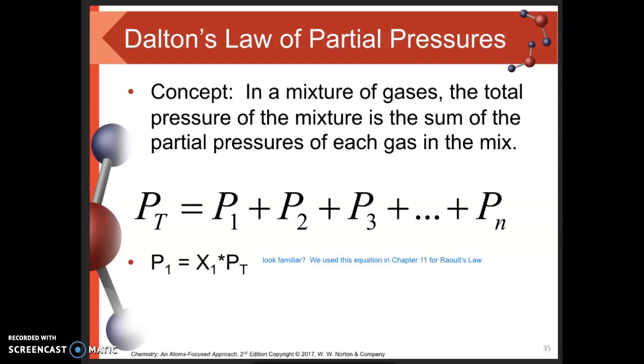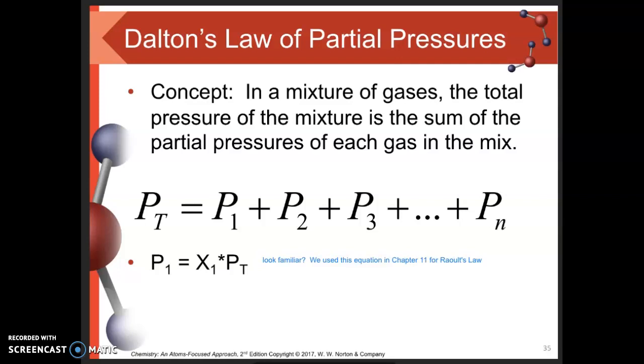And what Dalton's Law says is that when we have a mixture of gases, the total pressure of the mixture of gases can be broken down into individual components, that is, individual partial pressures of each gas, based upon the amount of gas that is present for each one.